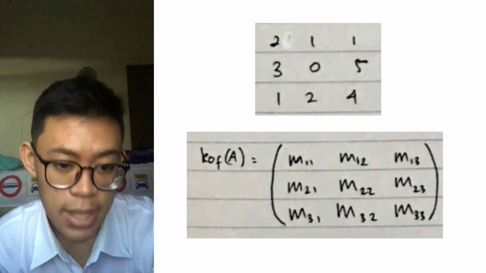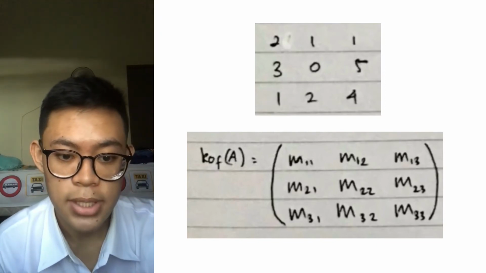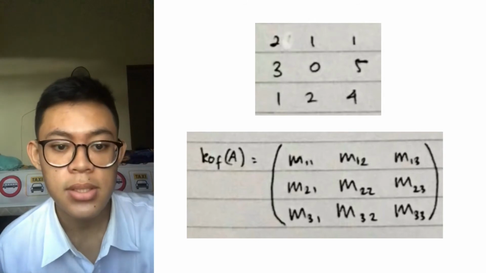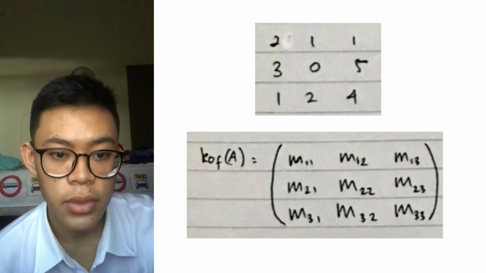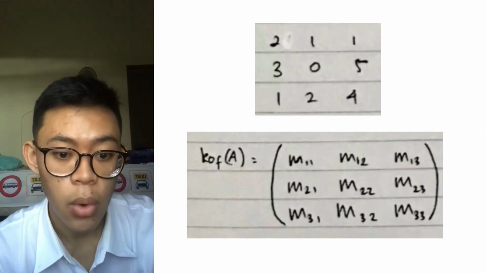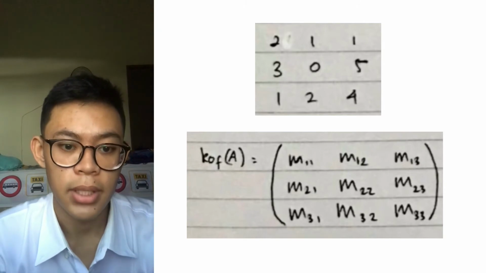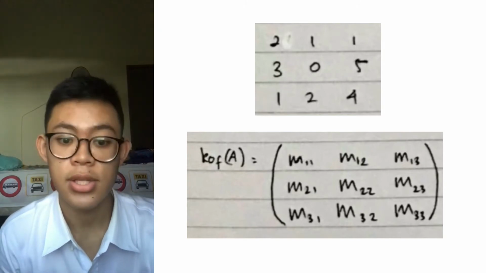And the second example is like the second row, the first column is M21. This means that we have to remove the second row and the first column. So the numbers will be 1124 and so on, like that.